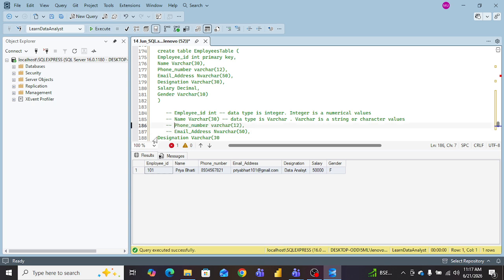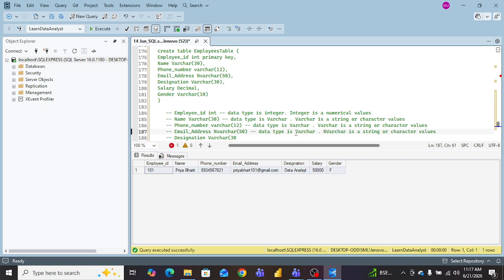Why am I writing this like this? Because I want to make everything clear, so there's no confusion. It's NVARCHAR.